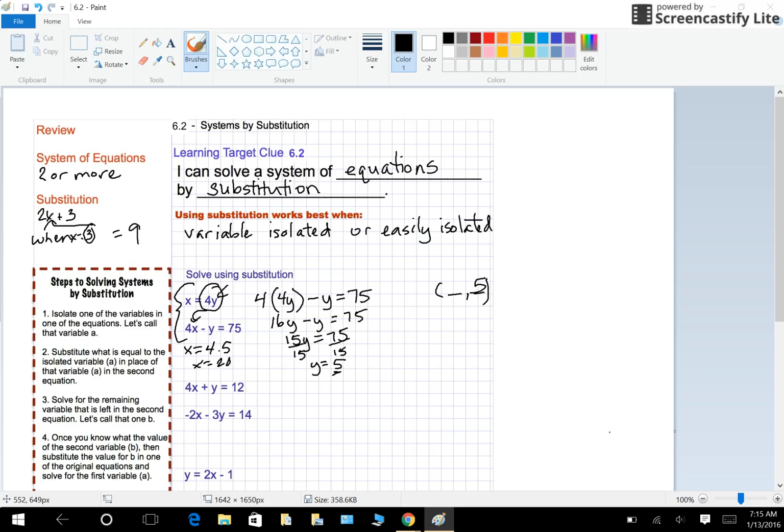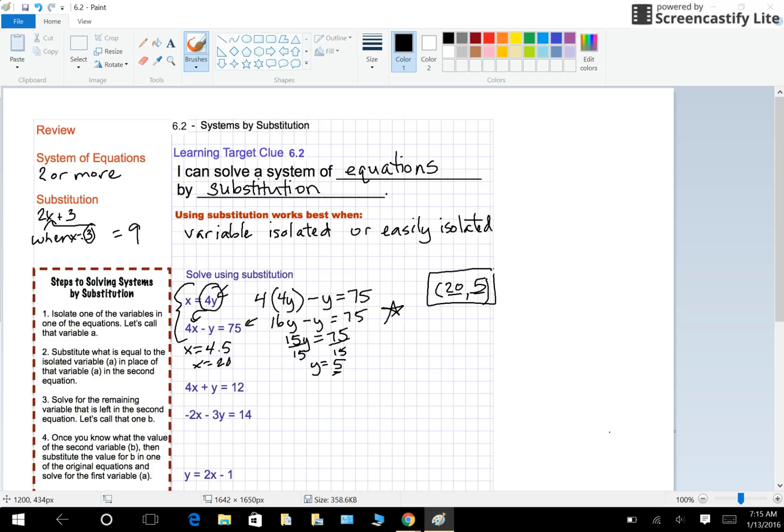And now I know what my x value is, 20. Now I can double check this, and I always want to double check this by putting in 20 for x and 5 for y in my second equation to see if it comes out to be true. 4 times 20 is 80. 80 minus 5, which is the y. 80 minus 5 is 75. Voila. It's correct. So my solution is 20, 5.